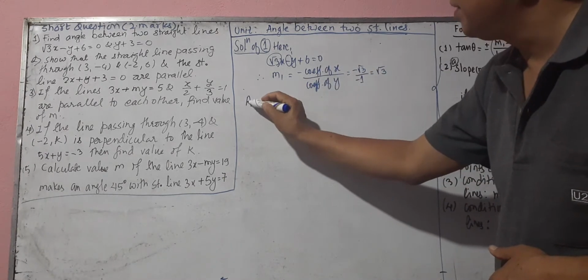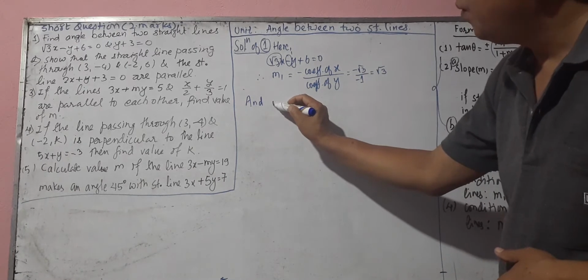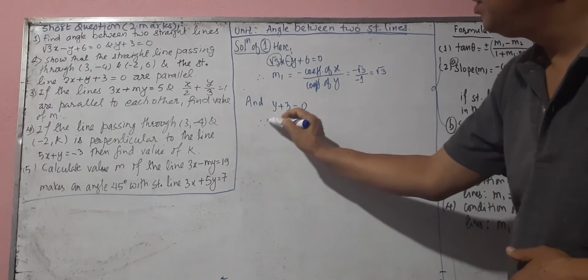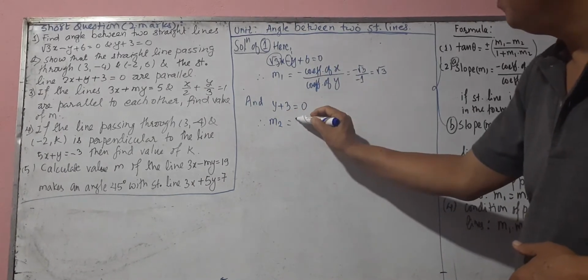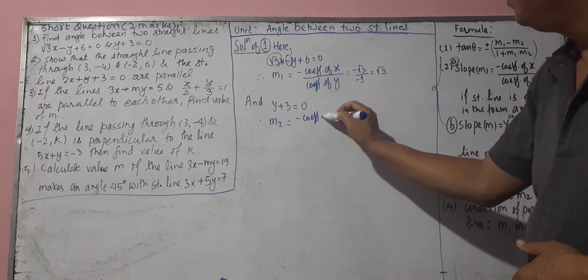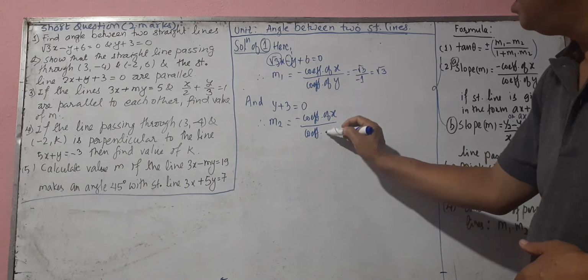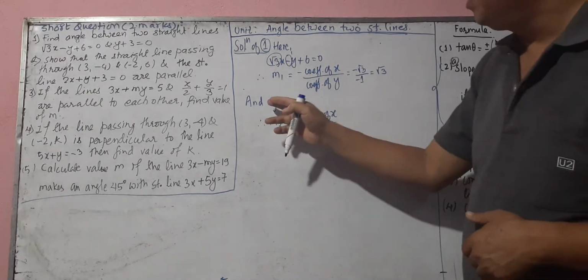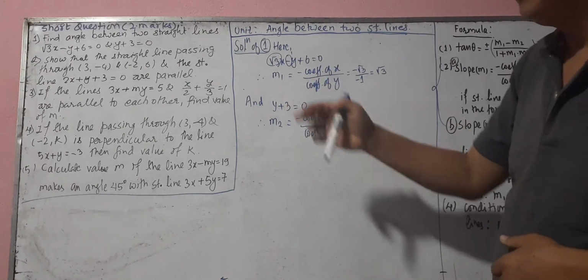Another equation is y plus 3 equals 0. The slope of the other line, using the same formula, is minus coefficient of x divided by coefficient of y. This equation does not include the x variable; it is independent of x.